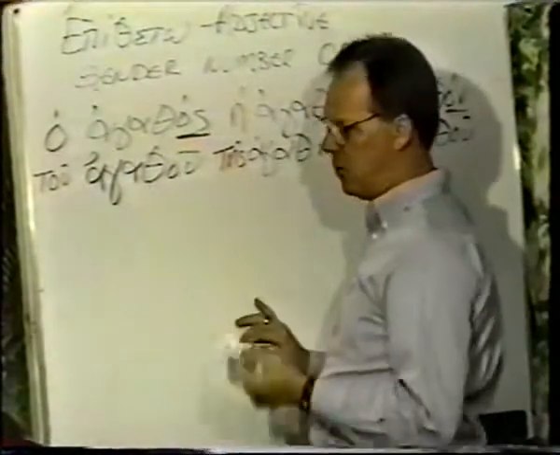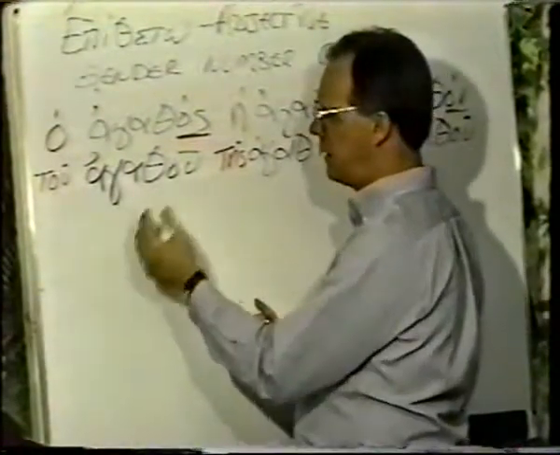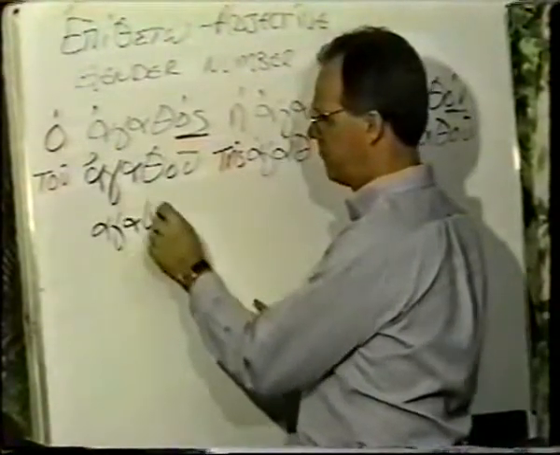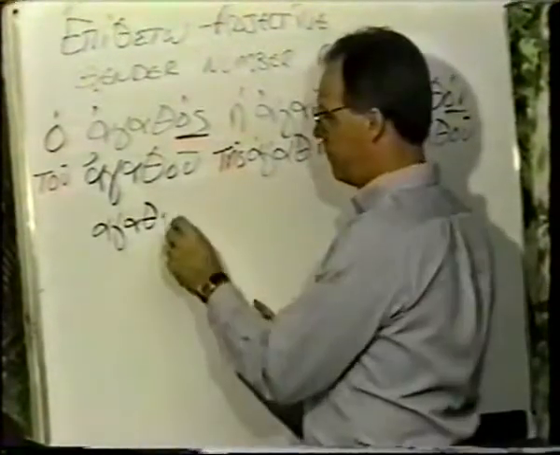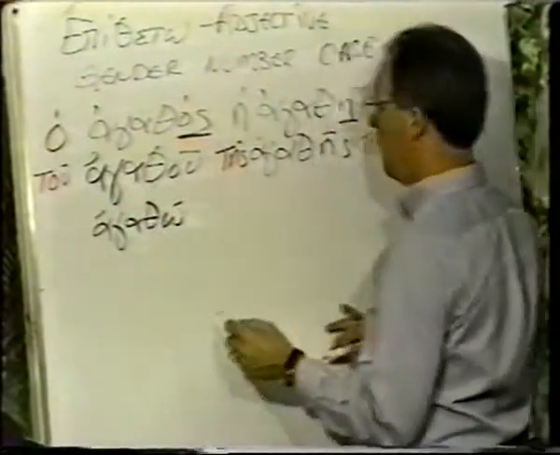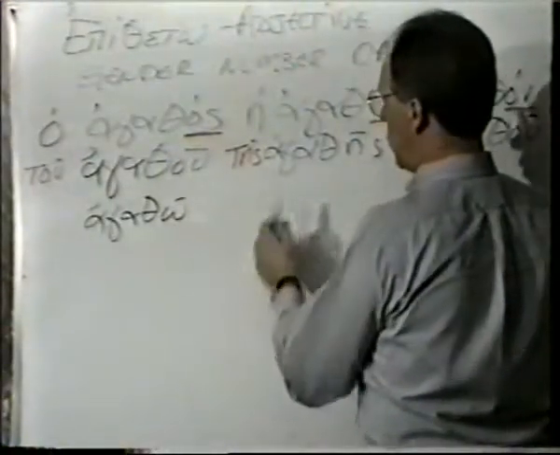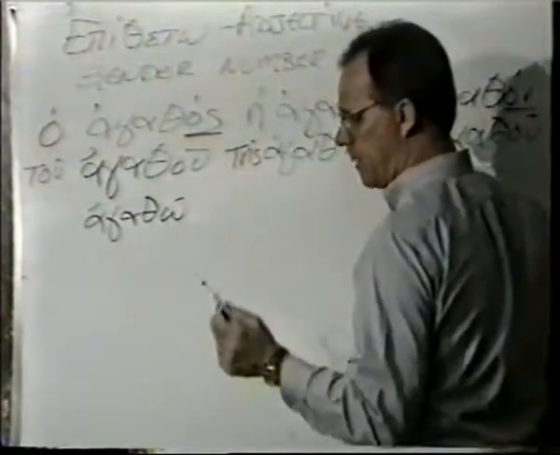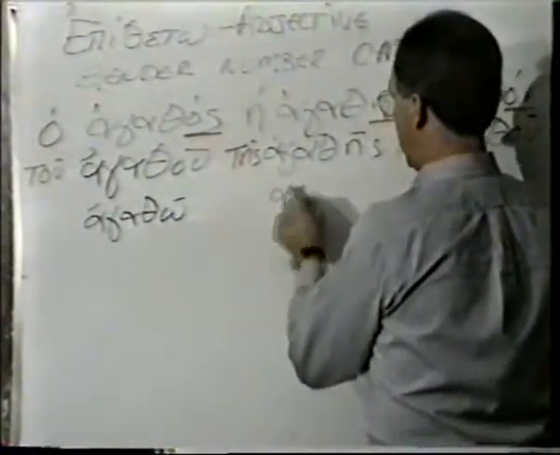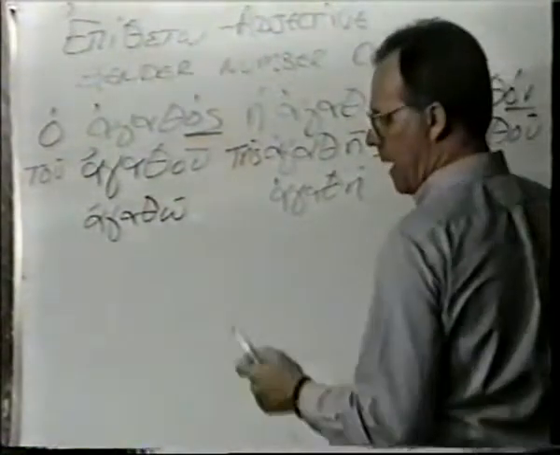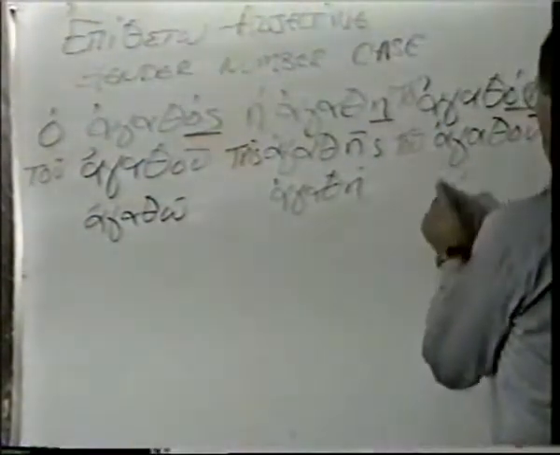Now we come to the instrumental, the locative and the dative case, and it looks like this in the masculine, agatho. We'll put the articles with these in just a moment. Now we come also to the same case, but with the feminine, and it goes agathi. Okay? And then with the neuter, it's agatho.